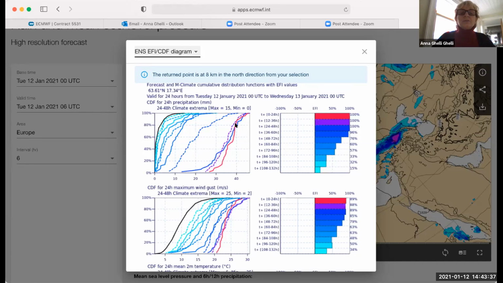So 80% of the members of the ensemble have precipitation below 40. 80% of the ensemble is about 46 members out of 50, which have precipitation below 40. But you have 4 members that are even more extreme, and they forecast values above 40.